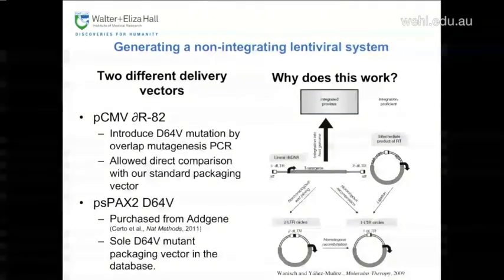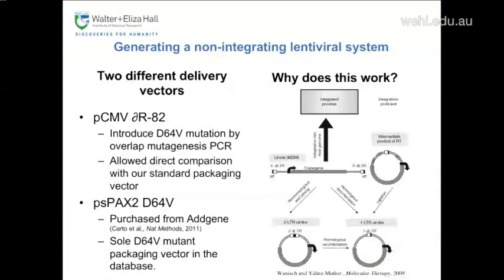So why this works is because when the DNA is in the nucleus, like in the normal systems when integrase is active, the majority of the viral DNA is in this linear double-stranded DNA form, which is then integrated into the host genome.